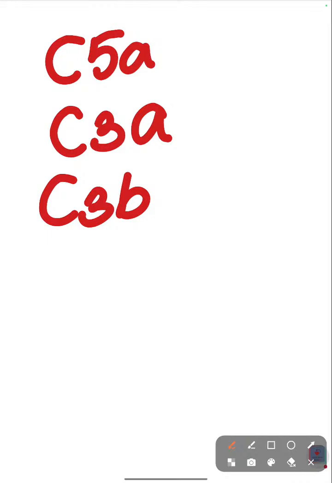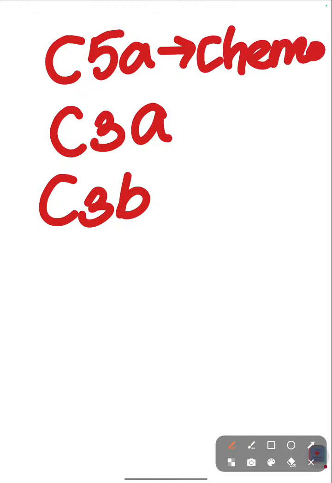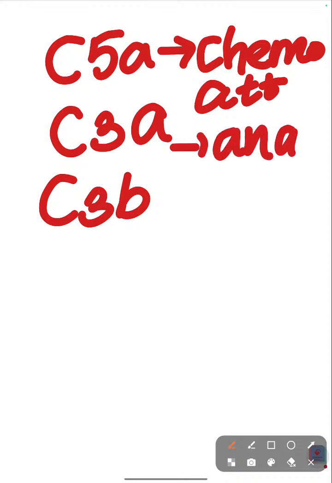So this is the third step, activation of complement pathway. C5a are chemoattractants. They will attract the cells and go to the site. C3a is an anaphylatoxin. They cause anaphylaxis.